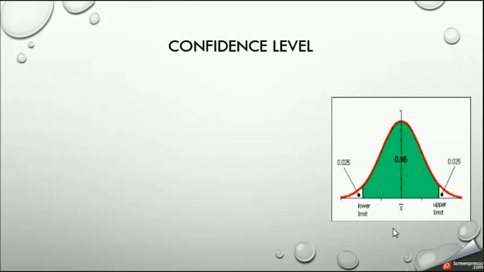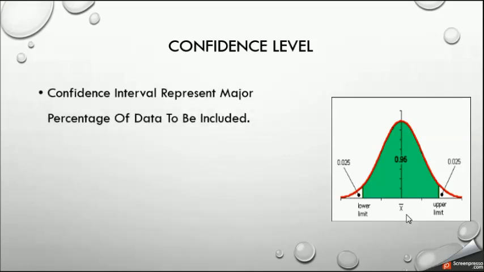In fact, before doing any checking or testing for our hypothesis, we should choose the confidence level which we are going to test upon. Now suppose this is the normal distribution. The normal distribution is centered at the mean value, and the variance represents the width or the spread of the data around the mean value.